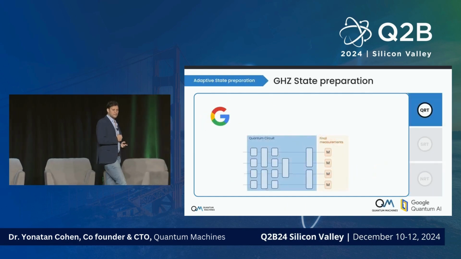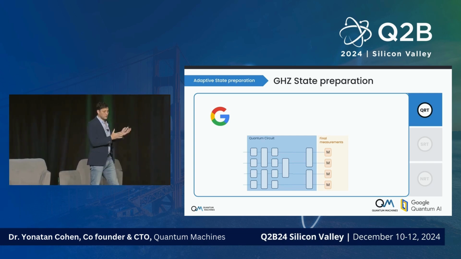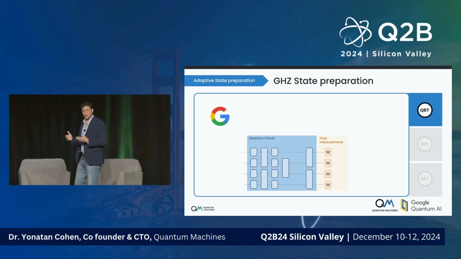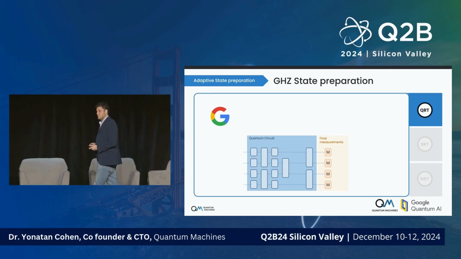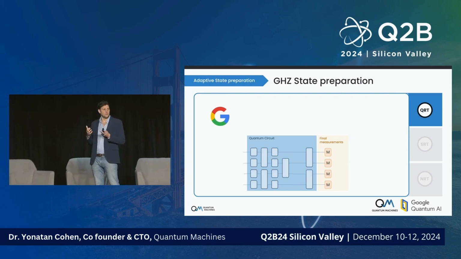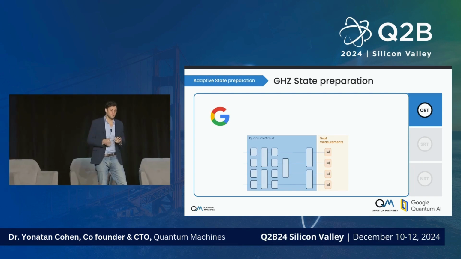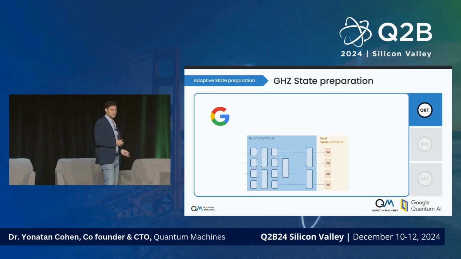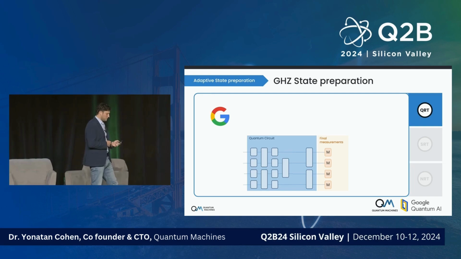All right, finally, I want to tell you a little bit about our work with Google. We partner with Google. Google has one of the best quantum computers, if not the best quantum computer on Earth. And they can run quantum circuits very efficiently with very high fidelity.